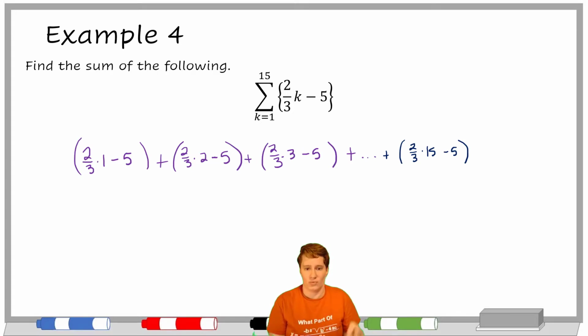So with the first formula, the one on the left, you add the first and last term together and then multiply by the number of terms divided by 2. It's also an option to use the other formula, which just needs the first term and the common difference. You just have to figure out what the common difference is and what the first term is.